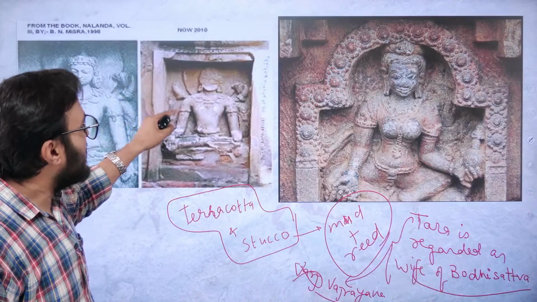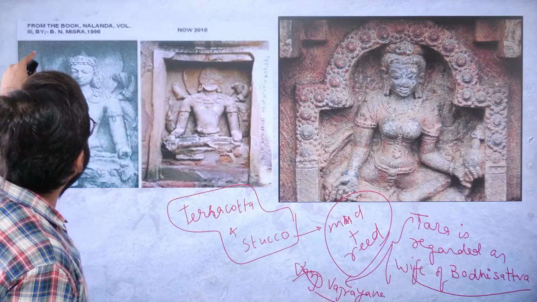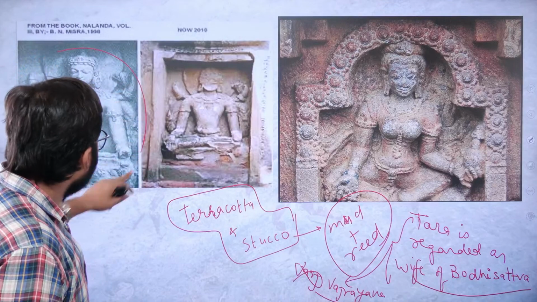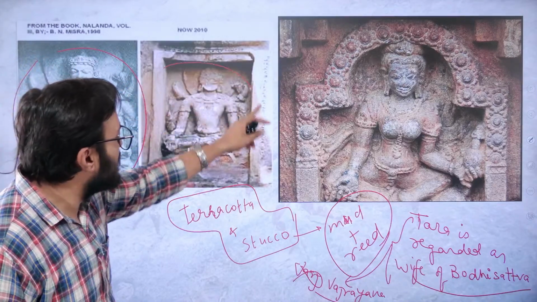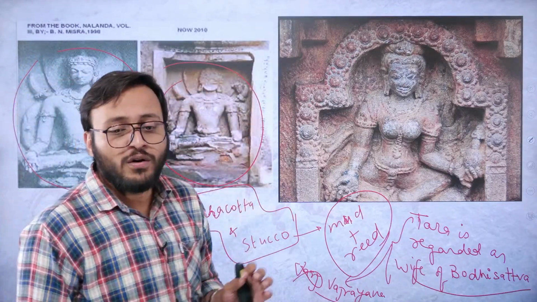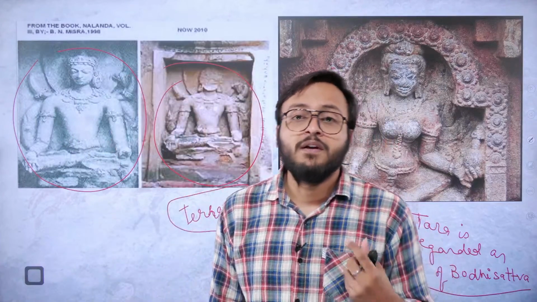Now, these sculptures are also visible to you. Probably you are able to see now that the images of Buddha are shown very similar to the Puranic descriptions of the gods like Vishnu and Shiv, right?